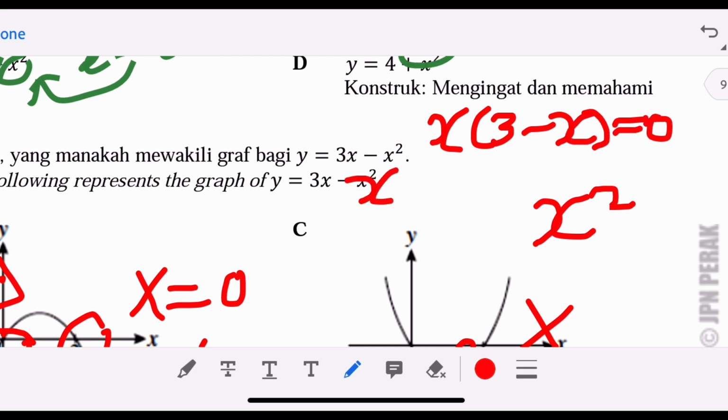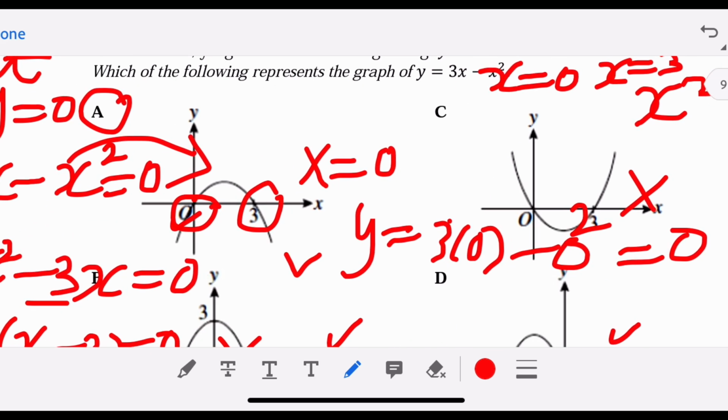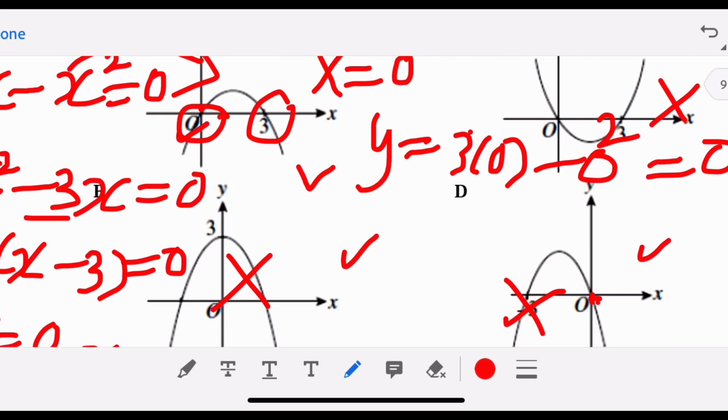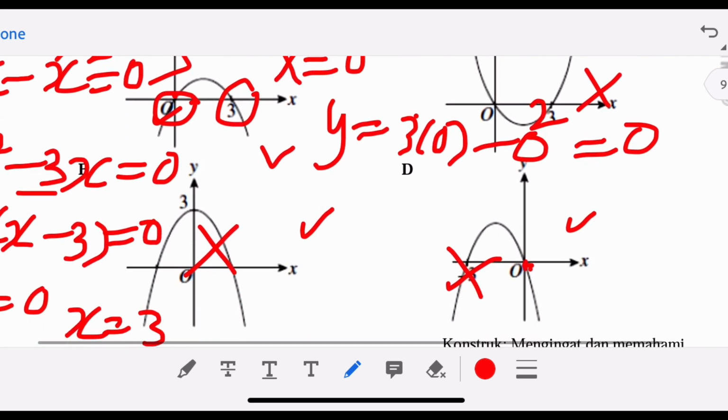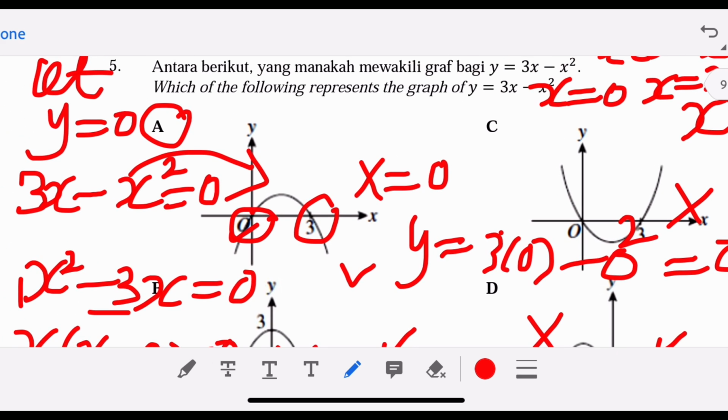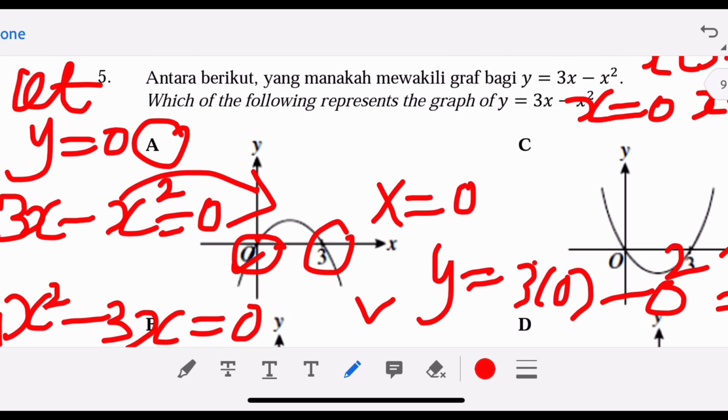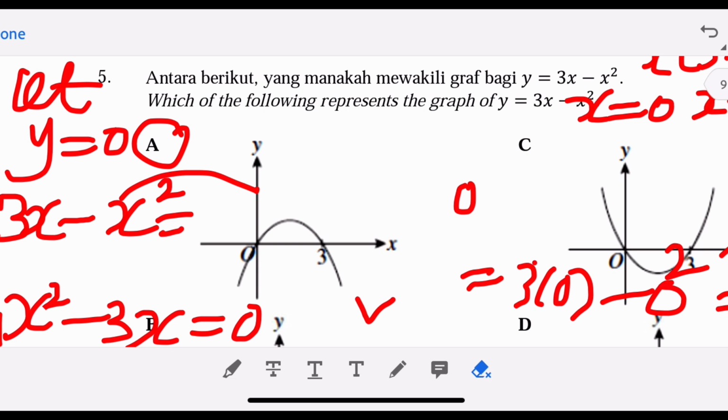You also get x equal to 0, x equal to 3. So your equation must be n-shaped, whereby the intercepts will be 0 and 3. So it cannot be D. So the answer should be A. Alright? Okay, so the answer should be A, not D.